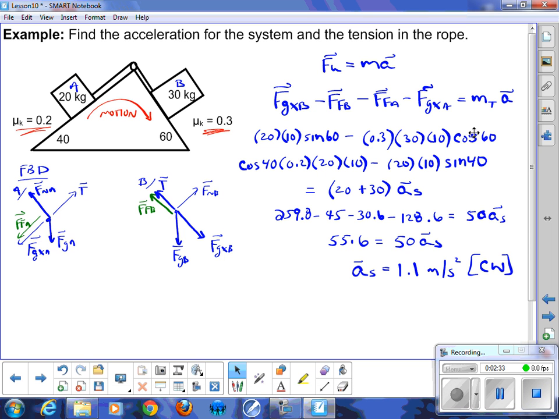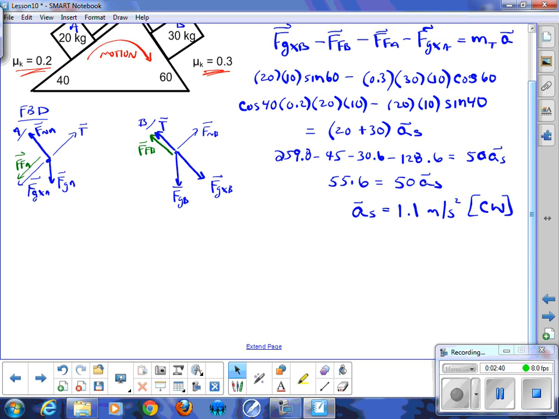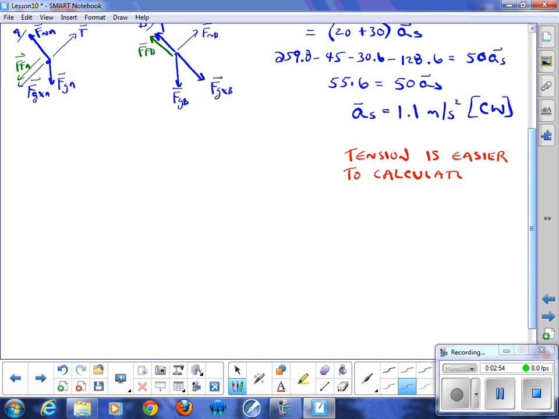All right. So how do you finish this up then? Well, I'm going to make a couple of notes here. So you may want to hopefully have a little bit of space left. So I'm going to do this in red because this is the important part. So tension is easier to calculate with the driving object. I'll put that in quotations.